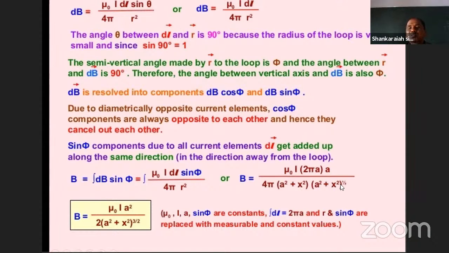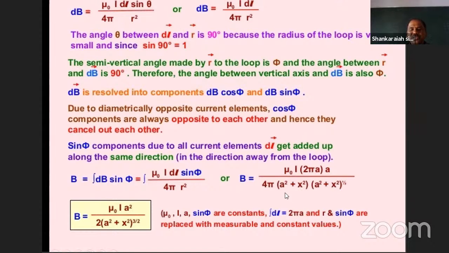Listen carefully: r square is the hypotenuse square, which is a square plus x square, according to the diagram. So we have a square plus x square into a square plus x square whole power 1 by 2.